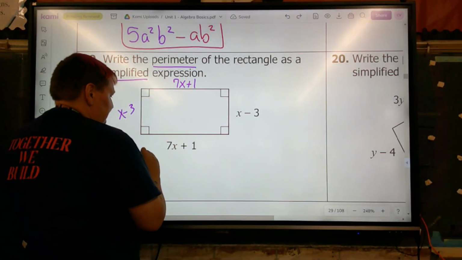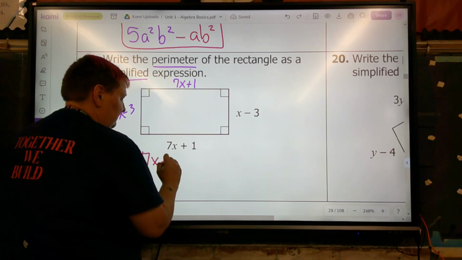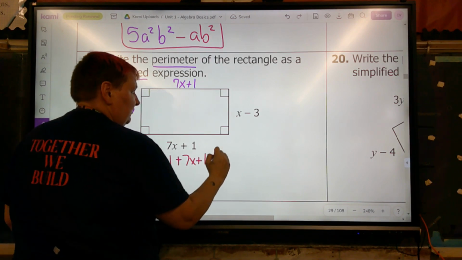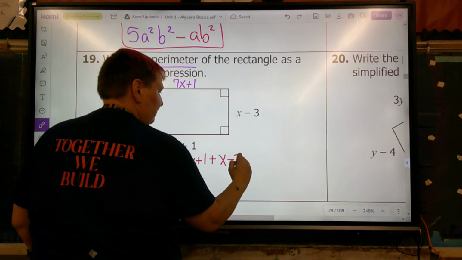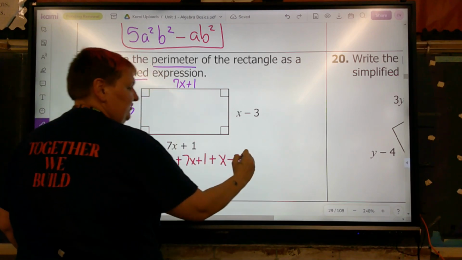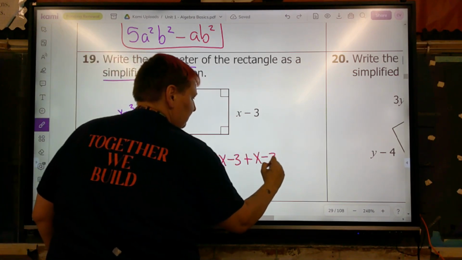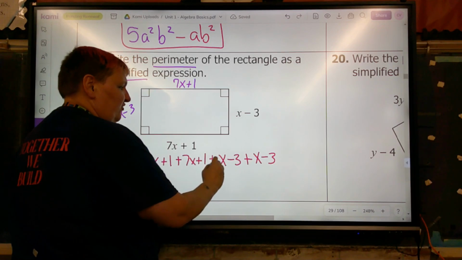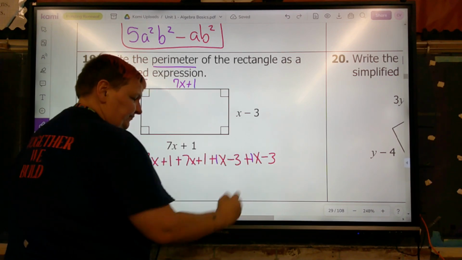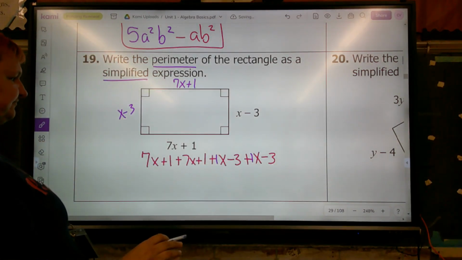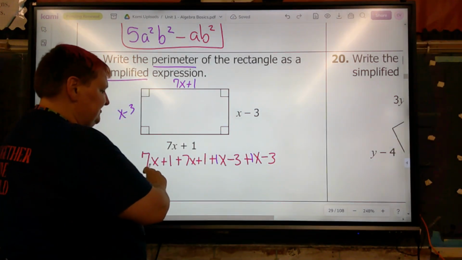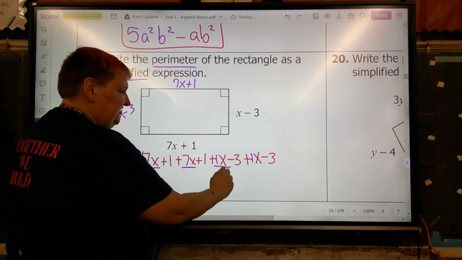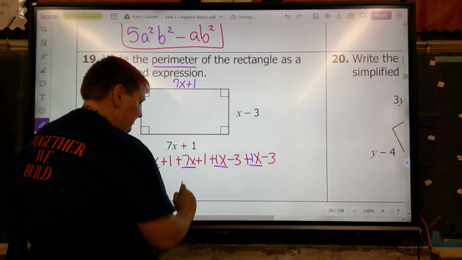So we have 7x plus 1, 7x plus 1, plus x minus 3, plus x minus 3. Alright, now, simplify. It means combine your like terms. Let's look for our invisible 1's. Get that out of the way. Alright, we have 7x plus 7x is 14x, plus 1x is 15x, plus 1x is 16x.